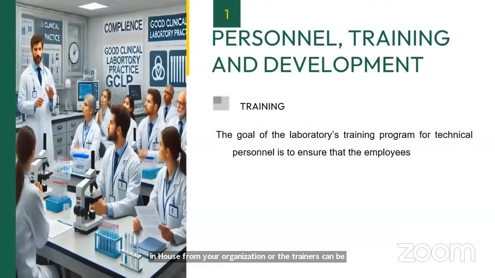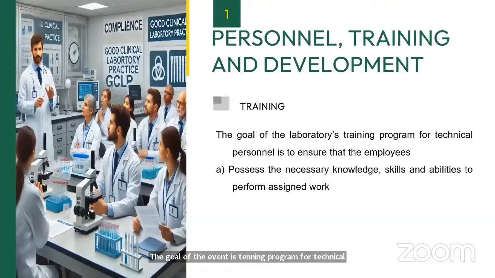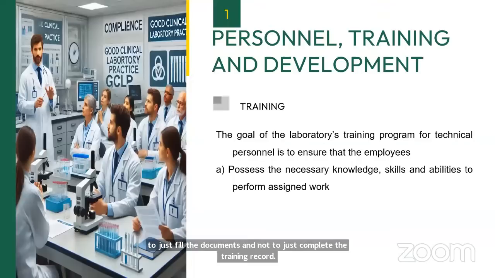The goal of the laboratory training program for technical personnel is to ensure that the employees possess the necessary knowledge, skills, and abilities to perform assigned work. So your main goal of the training is not to just fill the documents and not to just complete the training record. The training is given so that your employees should possess the necessary knowledge.